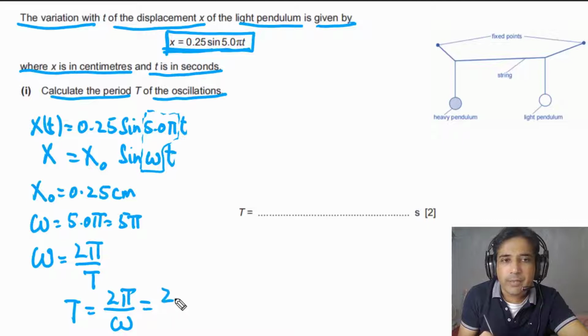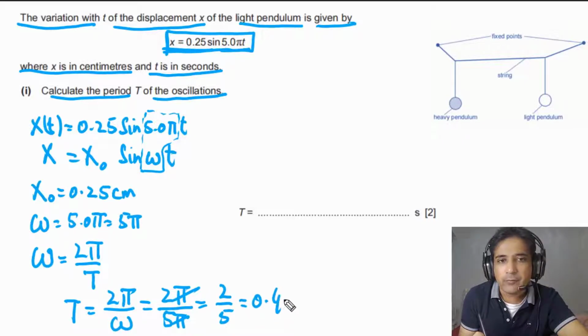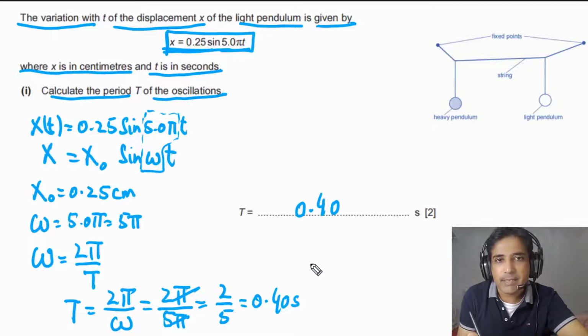Now if we plug in the value of omega, 5 pi, we can cancel pi with pi, so we are left with 2 divided by 5, and this is equal to 0.40 seconds. So the time period of this pendulum is 0.40 seconds up to 2 sf. So this is our final answer.